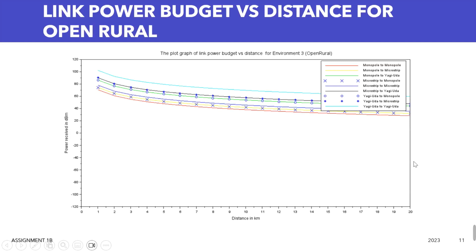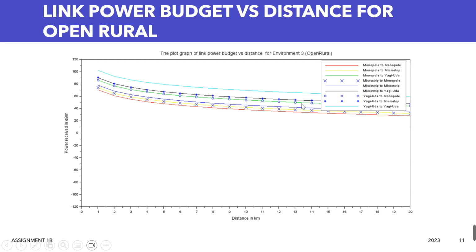Next is open rural. As you can see here, there is a different graph on this open rural compared to the previous ones for urban and suburban. For open rural, it has less obstacle. That's why it has a relatively high power received.